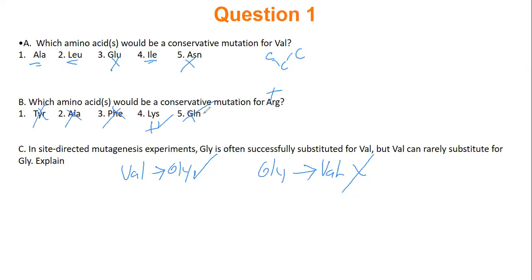C, that one is trickier. Valine has this for a side chain, glycine has this. In a protein, amino acids are really packed together. Let me stop sharing so I'm on the big screen. Proteins are super packed together. There's hardly any space for movement.